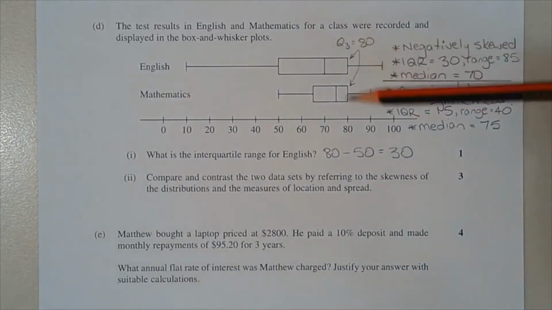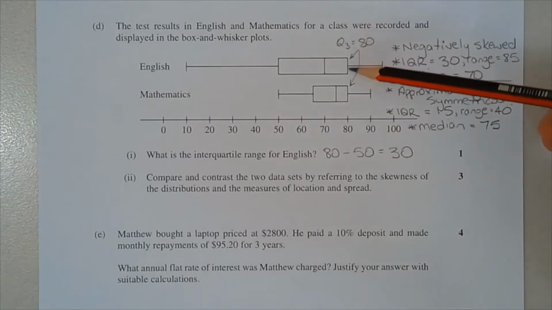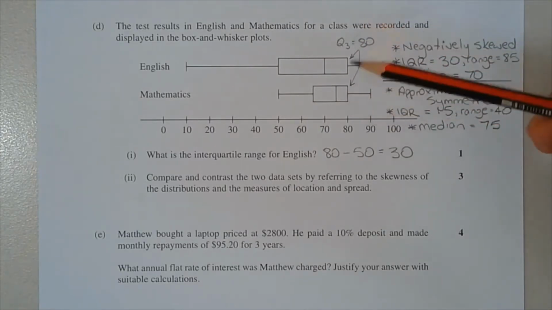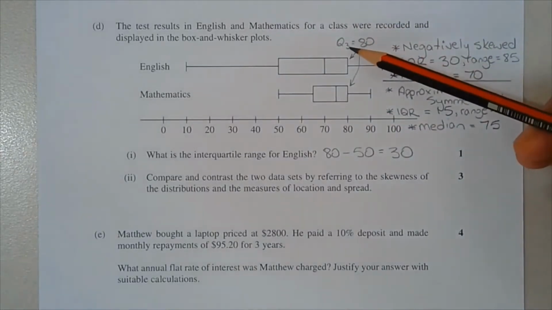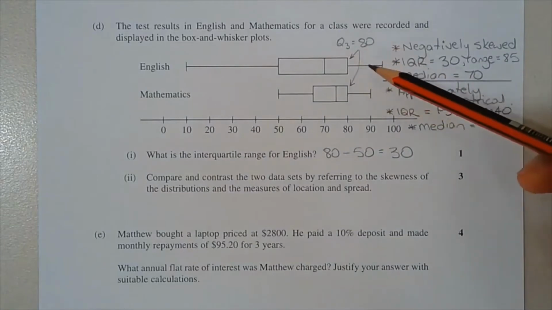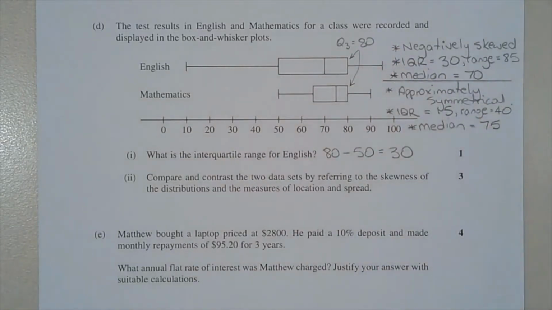And one other point to compare is the fact that quartile 3 for English is equal to quartile 3 for mathematics. So the 2 upper quartiles are identical as well. So the upper 25% of English is roughly equal to the upper 25% of scores in mathematics. So there's quite a bit there that you can consider when writing your response to part 2.